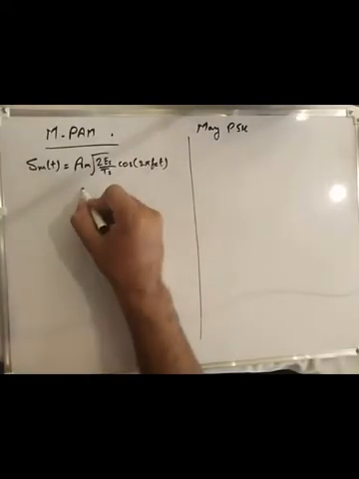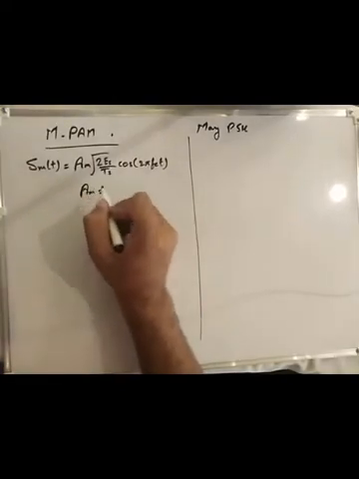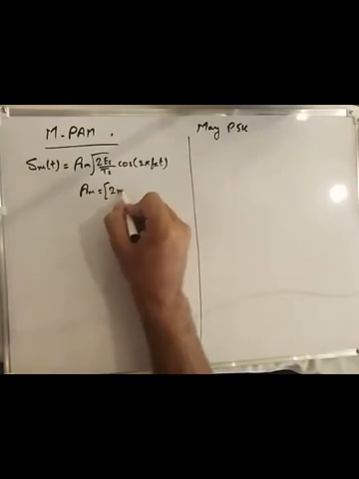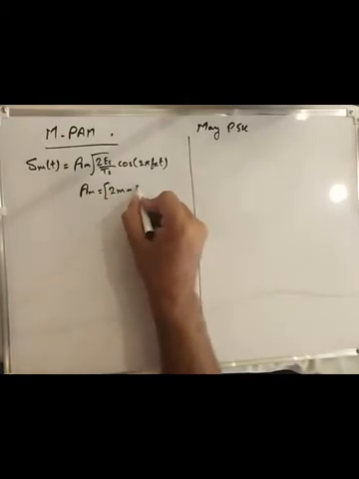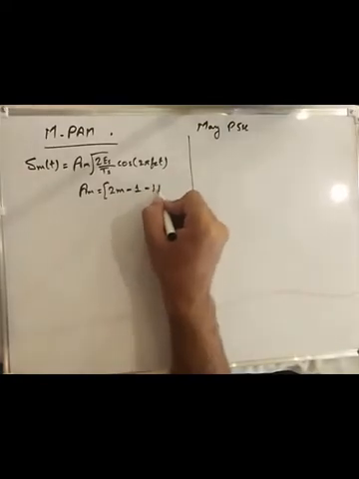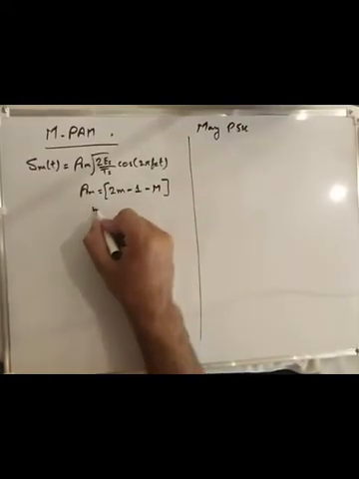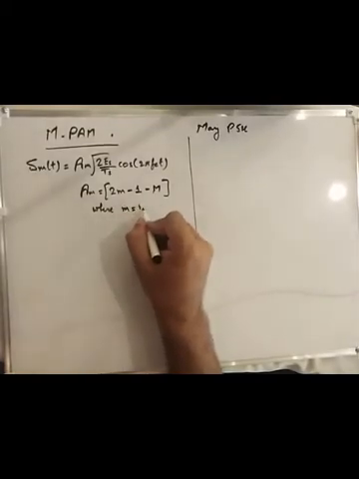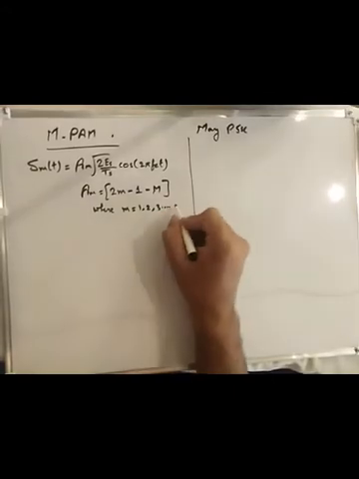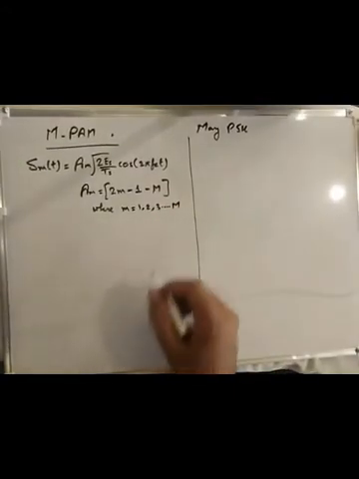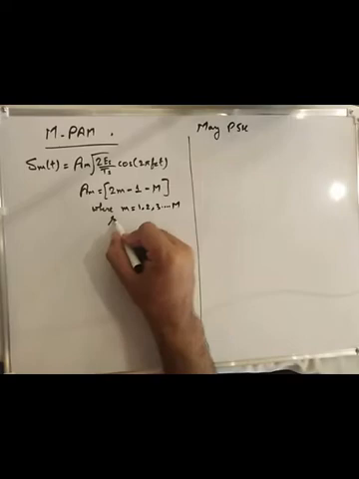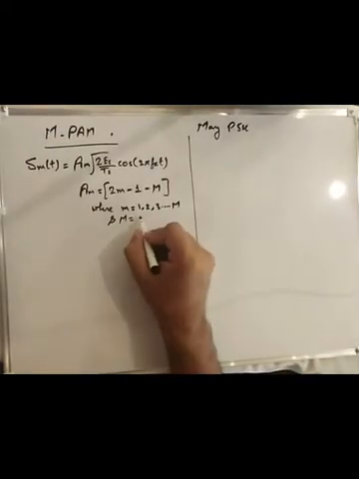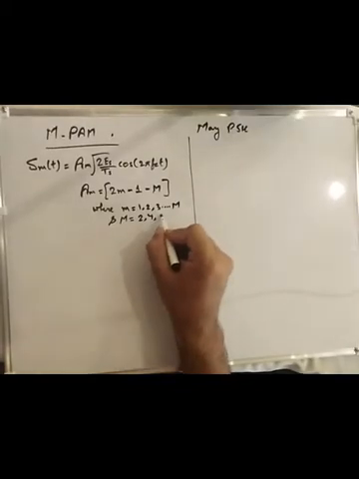And we defined a_m as 2 small m minus 1 minus capital M, where small m ranges from 1 till capital M, and capital M can be, say, 2, 4, 8.